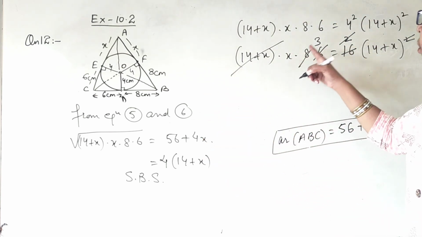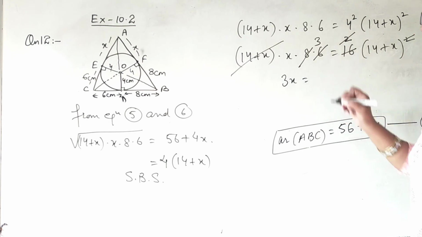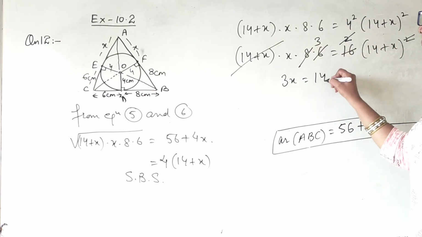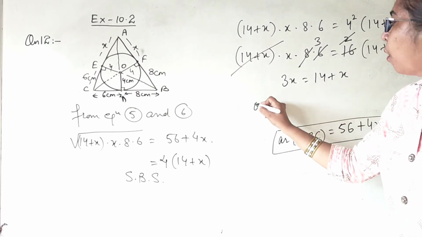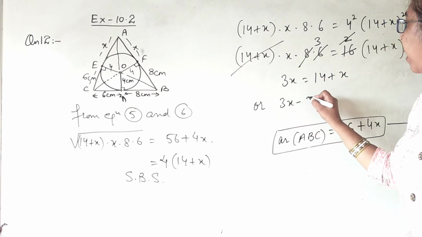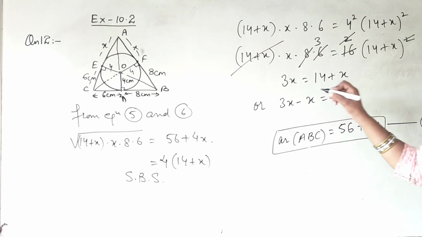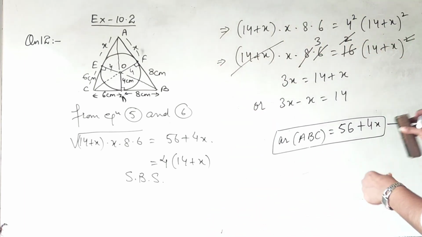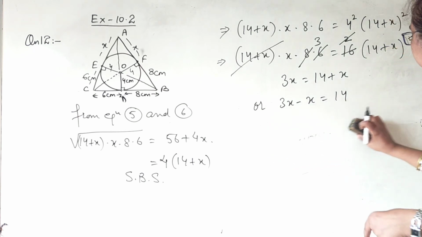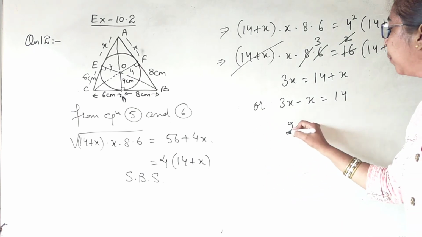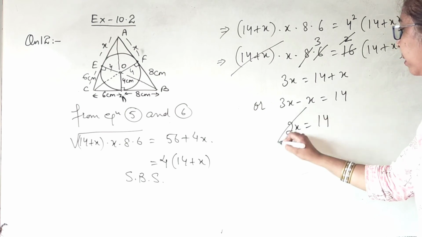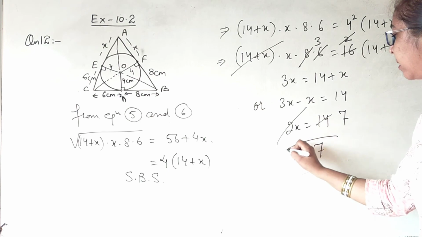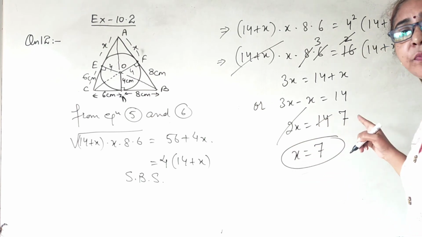So 3x is now equal to 14 plus x, or 3x minus x is 14, right? And ultimately we get 2x equal to 14. This will cancel out and x is 7. Now this is the value of x.